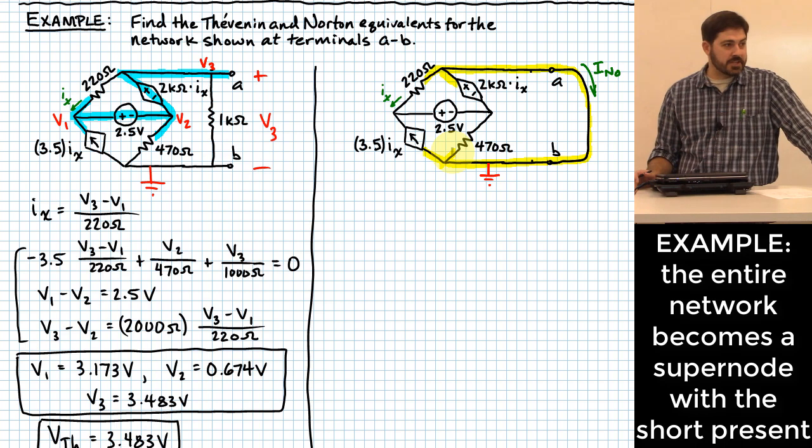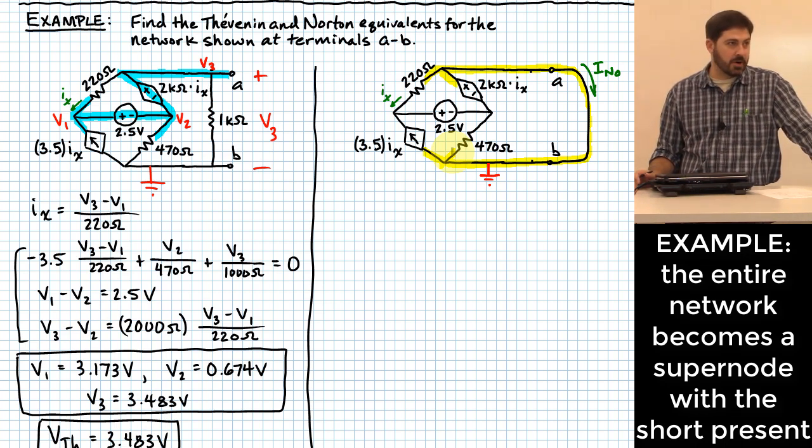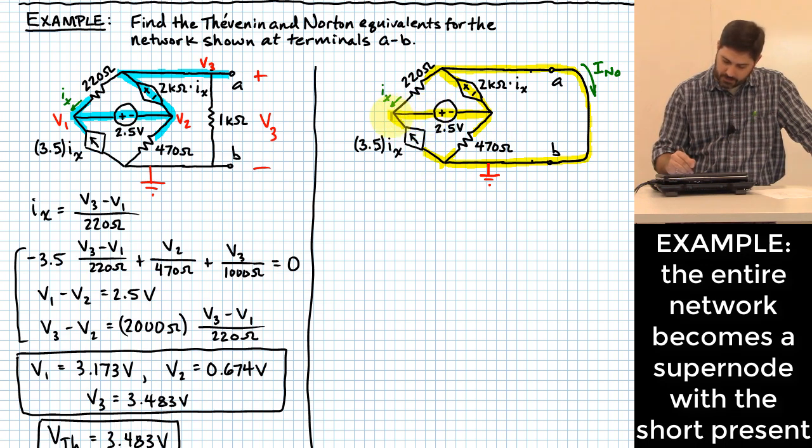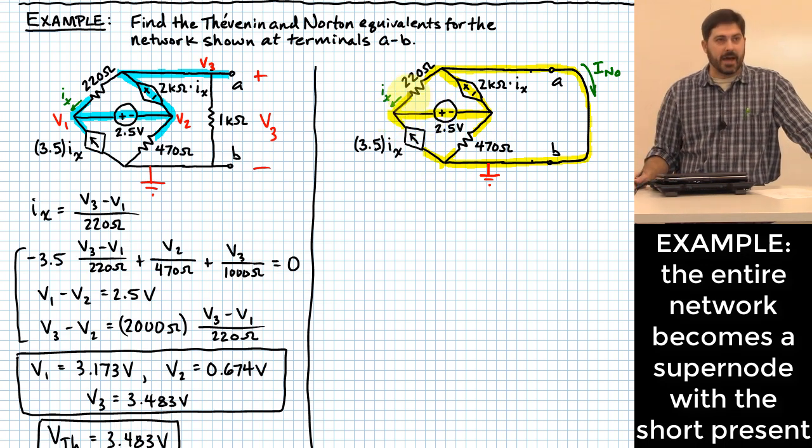So now instead of tracing just the ground node, let me trace the supernode that the ground is a part of. With me on that? So I'm going to trace across here, which I go right across that one because it's a voltage source. Trace over here and over there. That is my supernode.